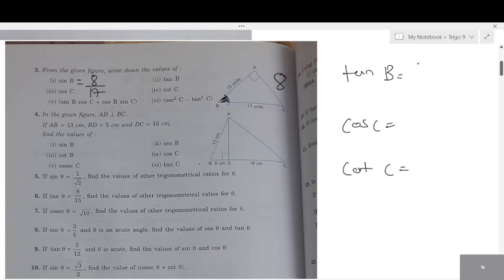Perpendicular by base. What is the perpendicular? 8 divided by the base, which is 15. So cos C.